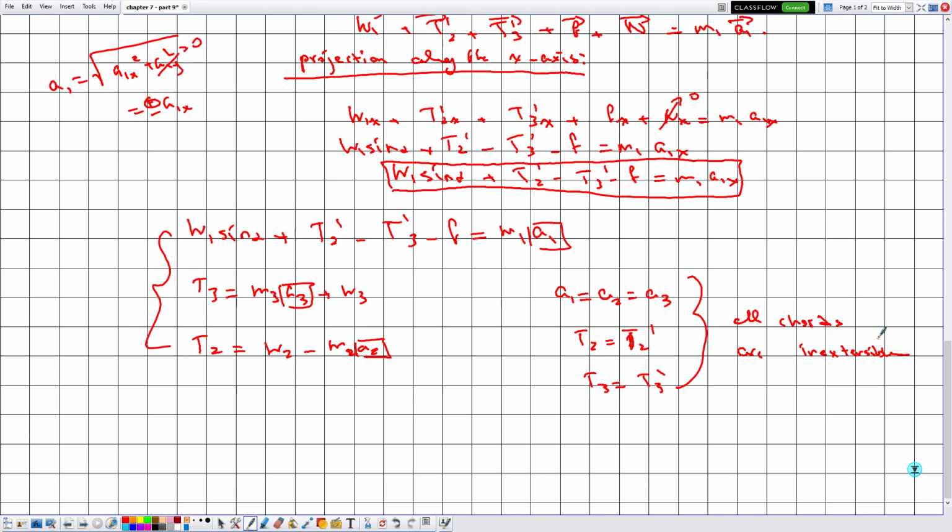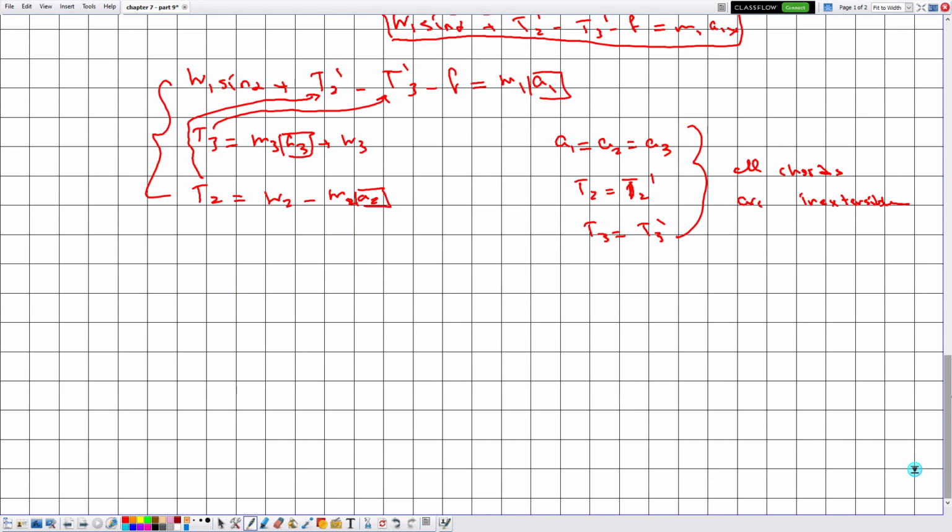So now we need to determine the acceleration. The acceleration is simply determined by replacing this here, because they are equal, and this here, and we are left with one equation and one unknown, which is the acceleration a.